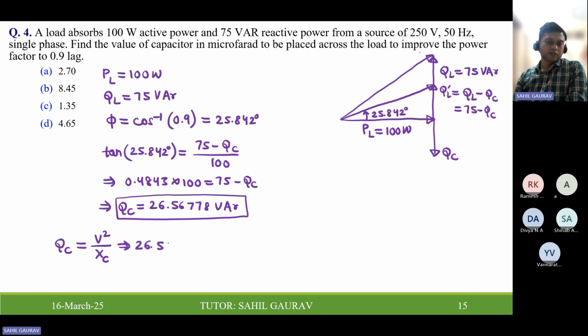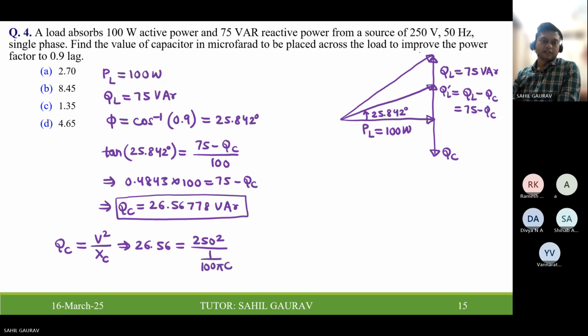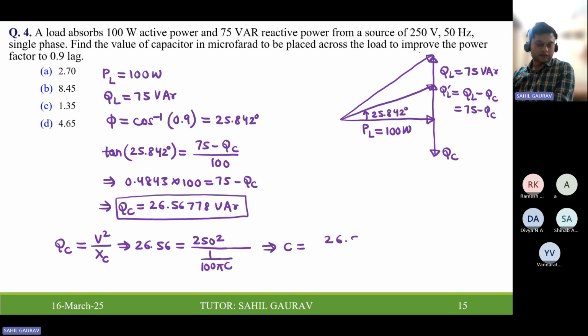QC is 26.56 and V square is given, 250 square, upon XC. So XC is 1 upon 100 pi C, because 50 hertz is given. So C will come as 26.56 upon 250 square into 100 pi.